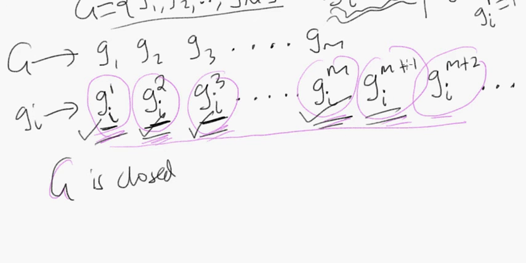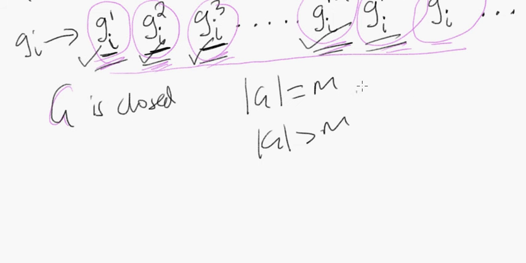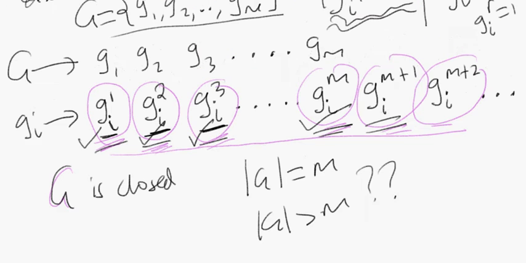If it is an extra element of the group and the group is closed, are we saying that the order of g is at the same time equal to m and the order of g is greater than m? Right? Does that make any sense? Isn't this nonsense? Well, isn't the only way to save ourselves here to think that maybe for some of these other powers, let's say g sub I to the m plus 1, maybe g sub I to the m plus 1 is the same as some element that came before.